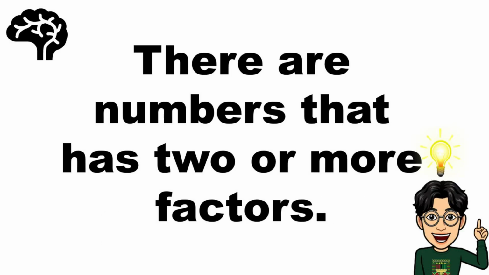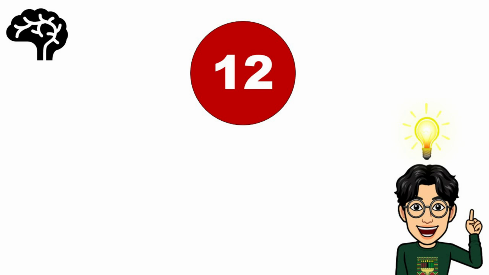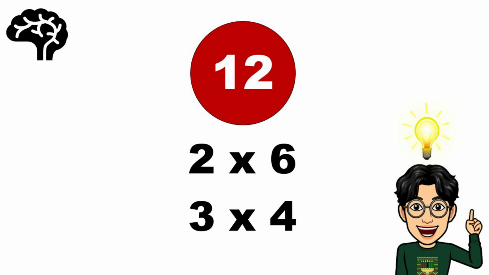Remember, there are numbers that have 2 or more factors. Examples: 12. We can get 12 as a product if we multiply 2 times 6 and 3 times 4.